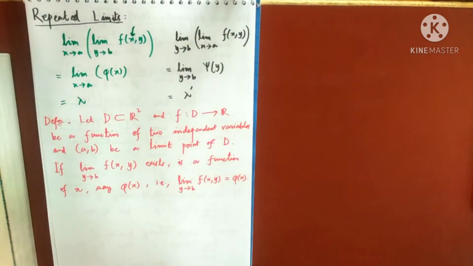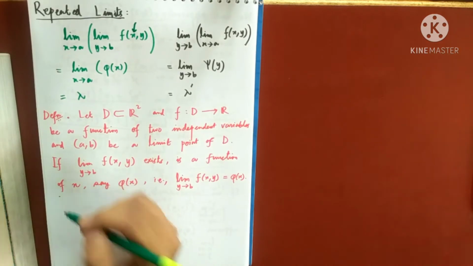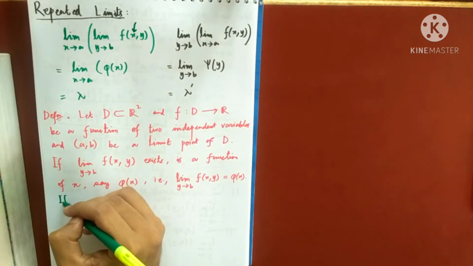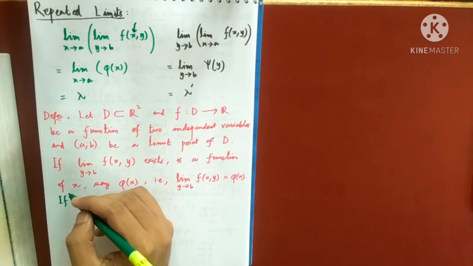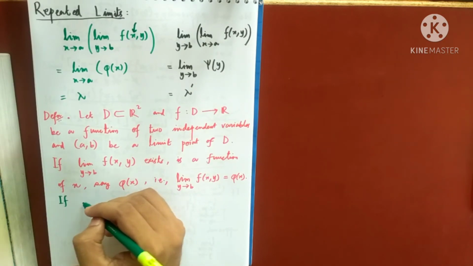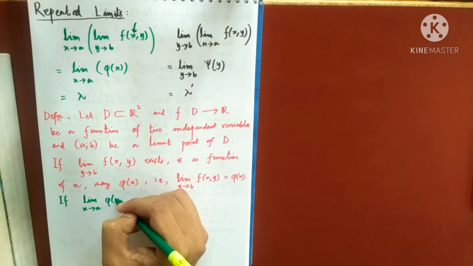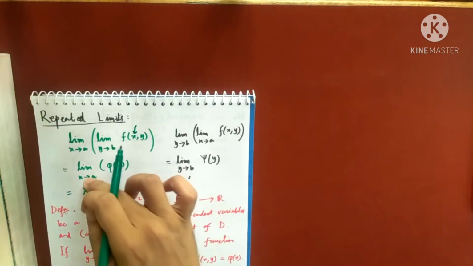Now, if limit x tends to a of phi of x, you can understand I am finding this limit now.